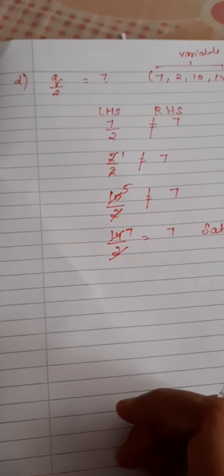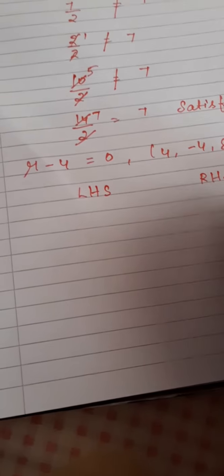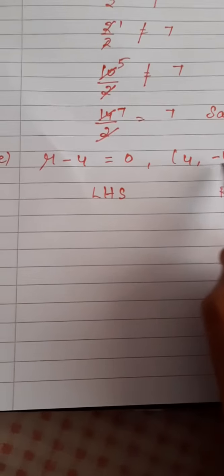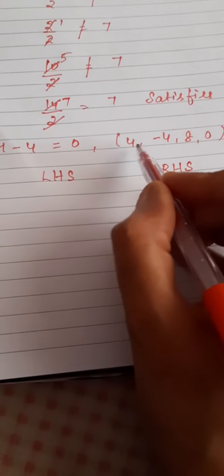I'm just solving directly. Question E again, I'm not going to go into the detailing. Just write the LHS and RHS. Detailed steps you can look at in A and B. So r minus 4 is equal to 0 is the equation, and these are the values of variable r. First, if you substitute r equal to 4, 4 minus 4 is 0, equal to 0.